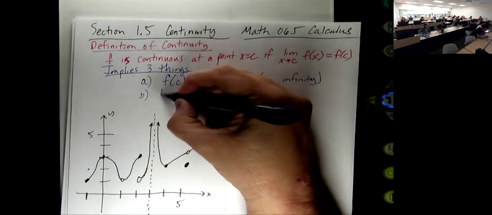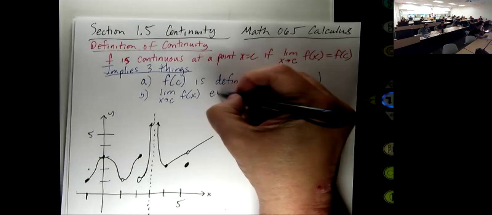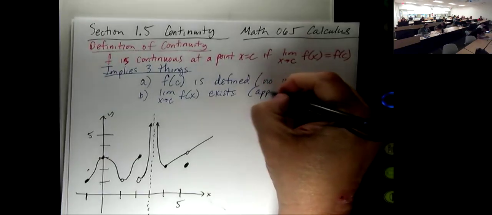B, the limit as x approaches c of f of x exists, which means approaching from the left and right is the same.